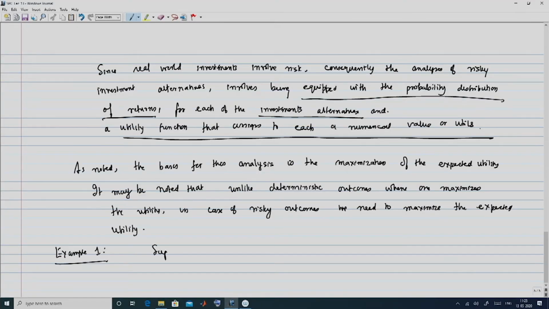Here, suppose that we enter into a coin tossing driven risky investment.